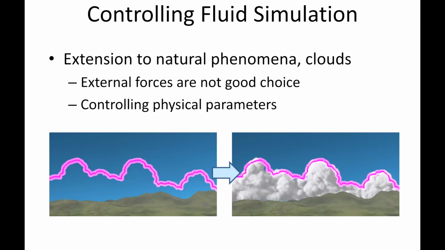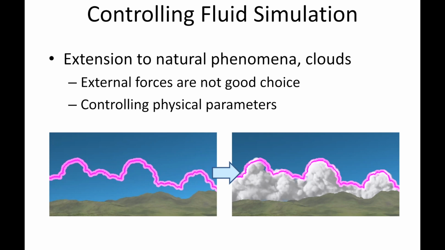We first tried to use external forces like the method mentioned in the previous slide, but we found that external forces are not very good for our case. Using external forces often results in unnatural motion and shapes of the cloud. Instead, our method controls some of the physical parameters involved in the numerical simulation.